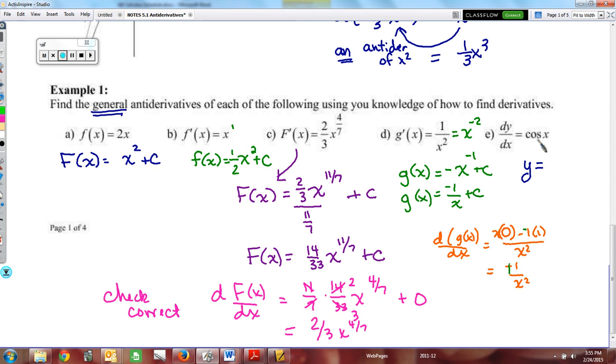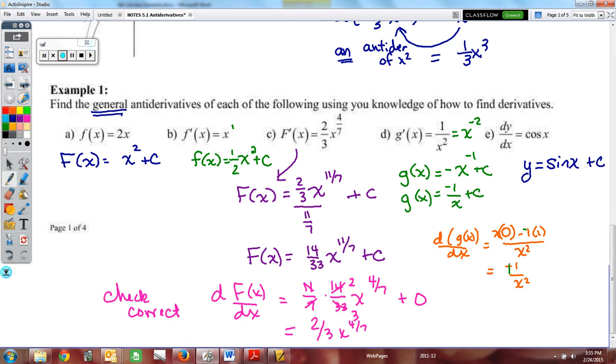So the antiderivative of cosine is sine of x, and because we're going for general, we do plus c. All right? So really, the hardest thing about this is paying attention to whether you are taking a derivative or an antiderivative, and make sure you have your main rules that we learned in chapter 3, that you have them working forwards and backwards, which is all we're doing.